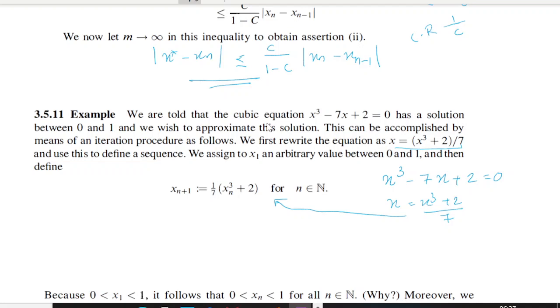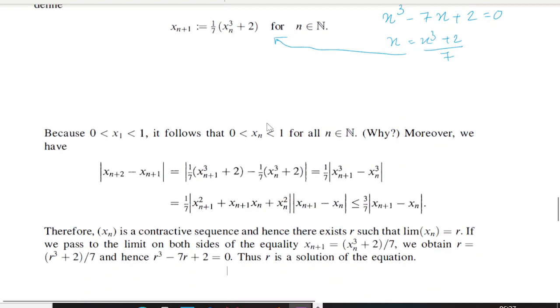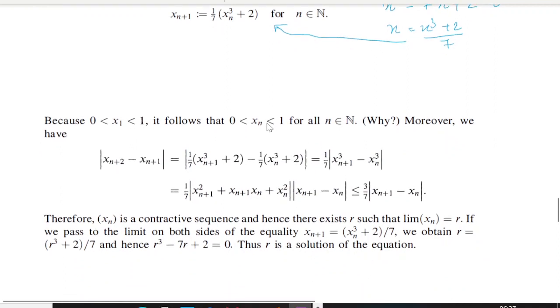you will get x2 = (x1³ + 2)/7, like that. Now what follows is, since 0 < x1 < 1 is given, it follows that all the x_n values also lie between 0 and 1. Since x1 is less than 1, when you are finding x2, that is 1 by 7 into (x1³ + 2). x1 lies between 0 and 1.